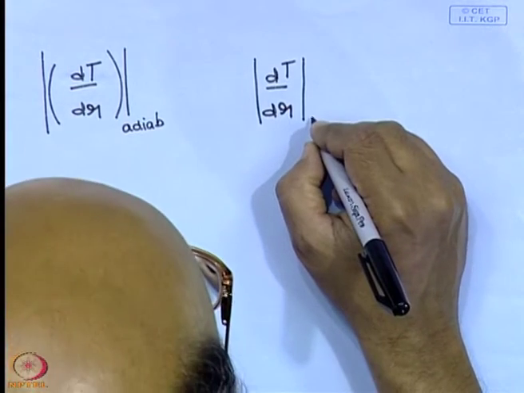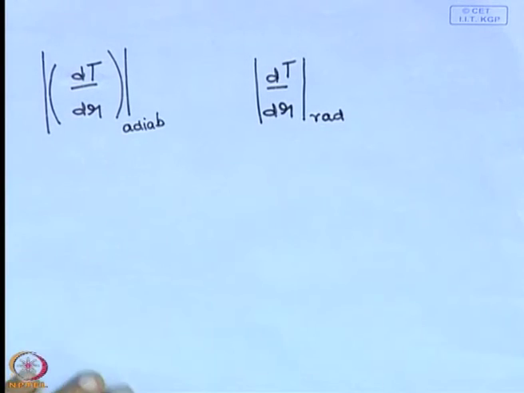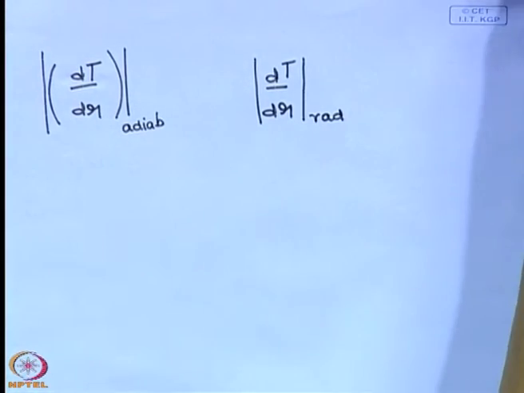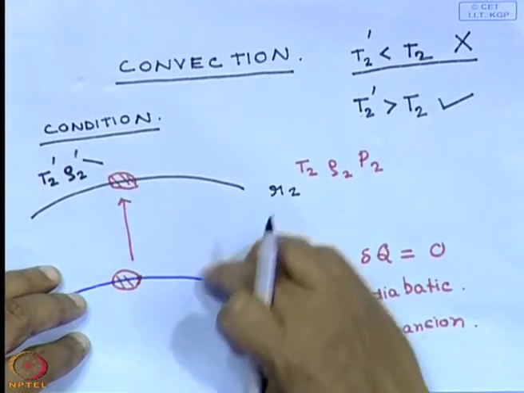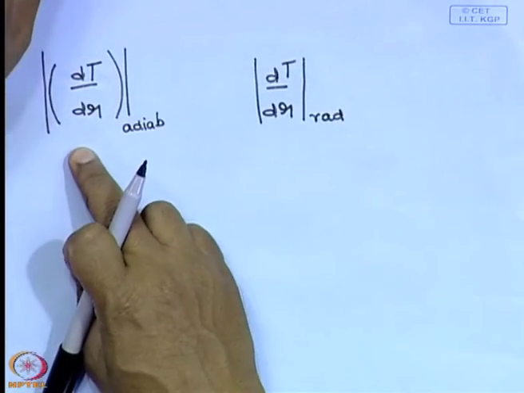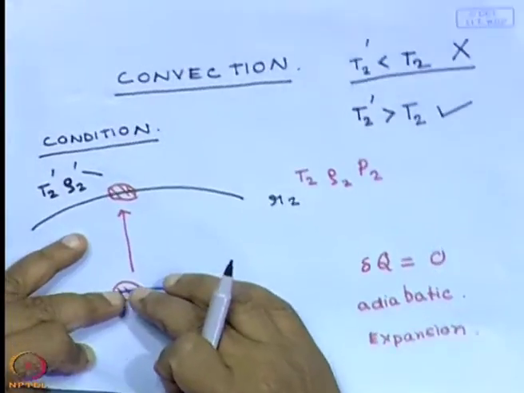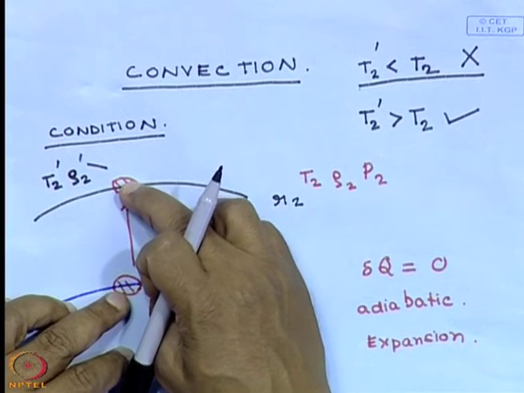for the radiative energy transport, right. So, this term determines how much the temperature falls when I go from here to here. This term determines how much the temperature of the bubble falls when I go from here to here.